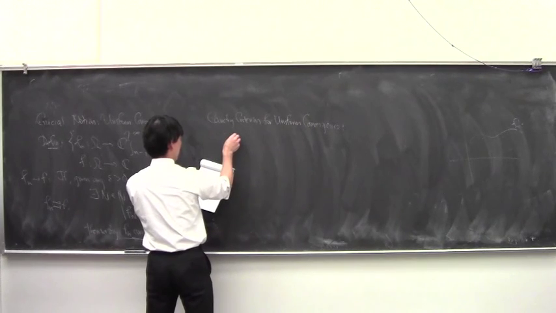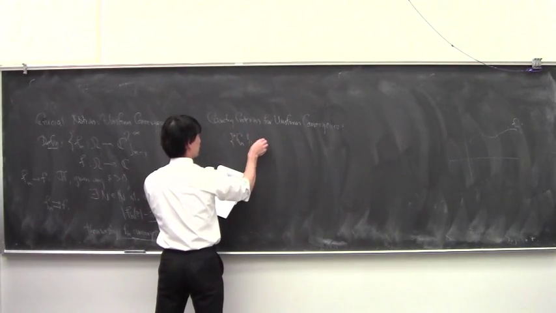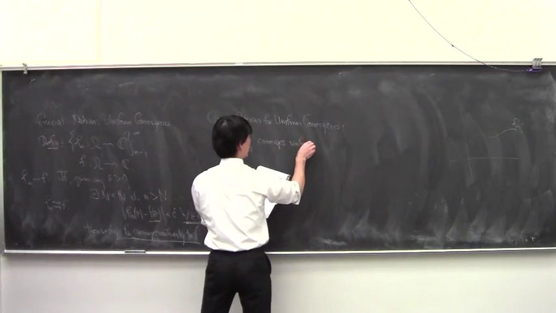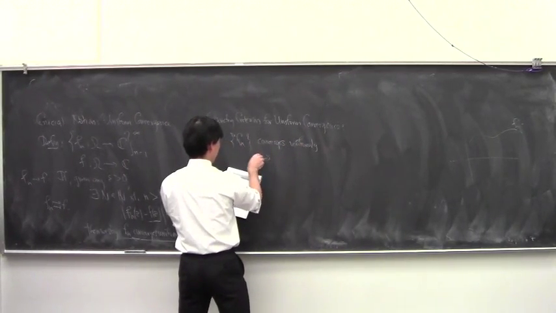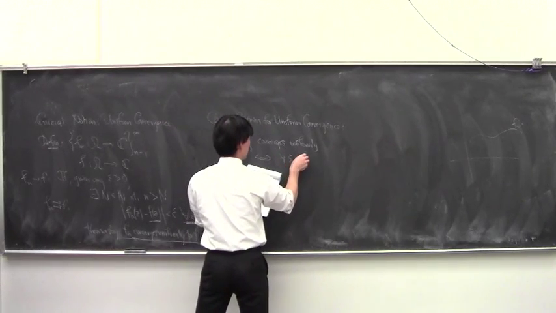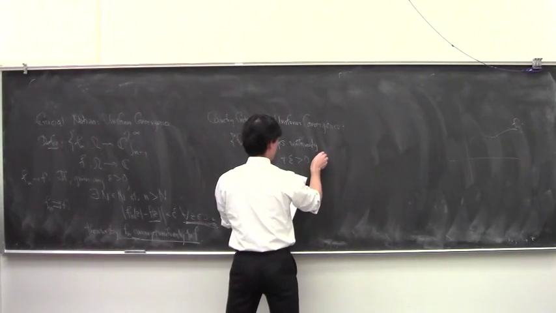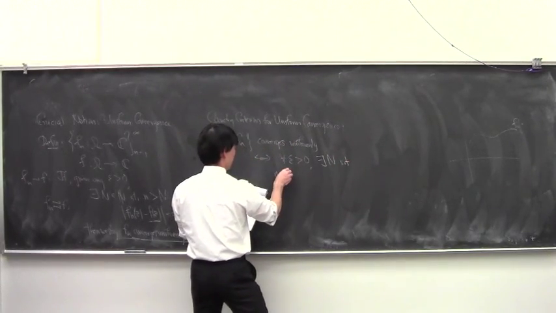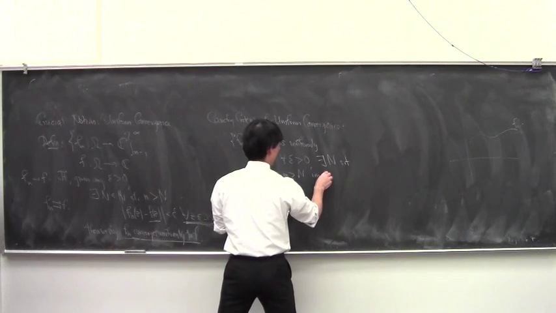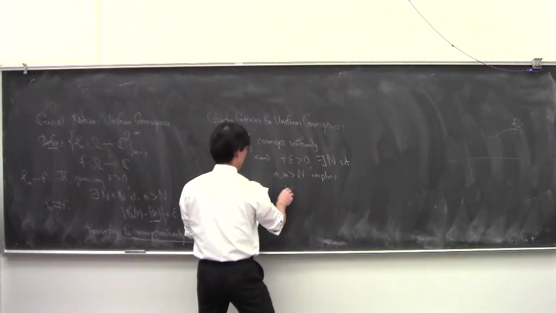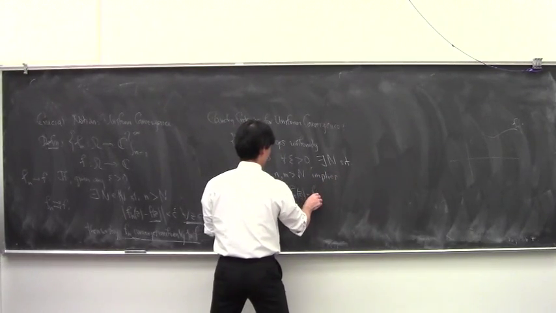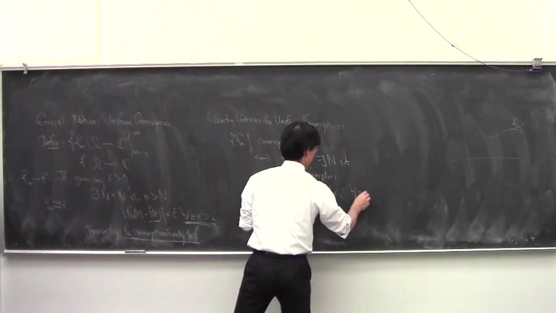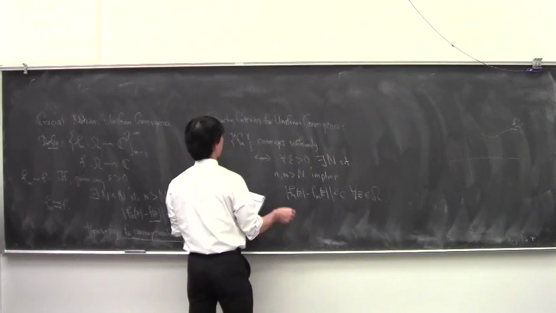A sequence converges uniformly if and only if for all epsilon greater than 0, there exists N such that n, m greater than N implies |Sn(z) - Sm(z)| is less than epsilon for all z in your domain.